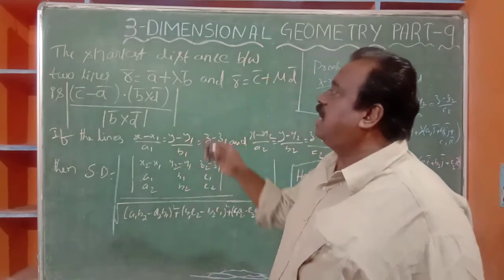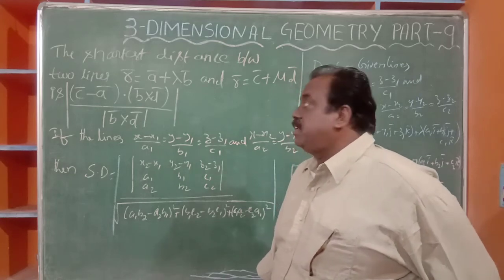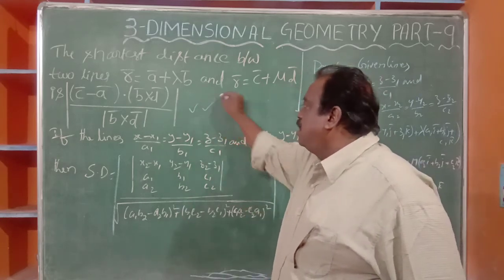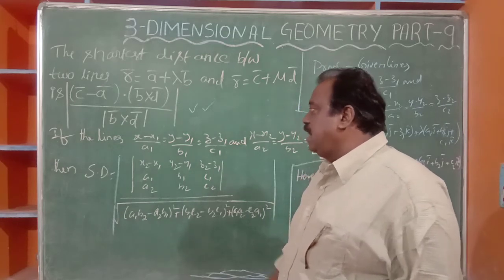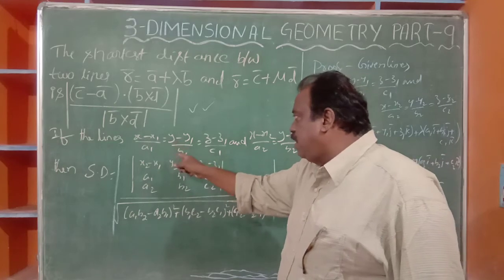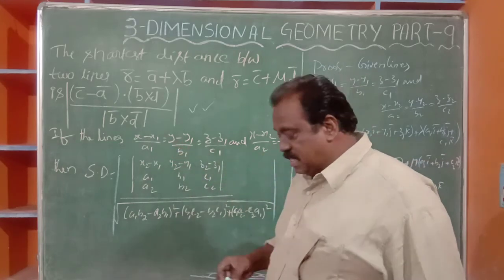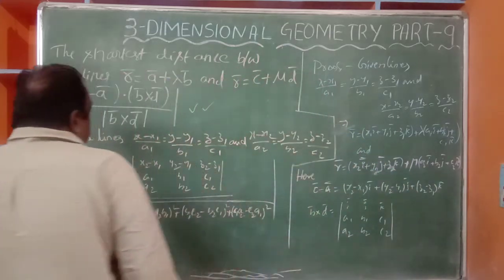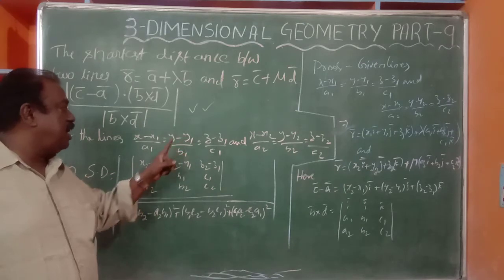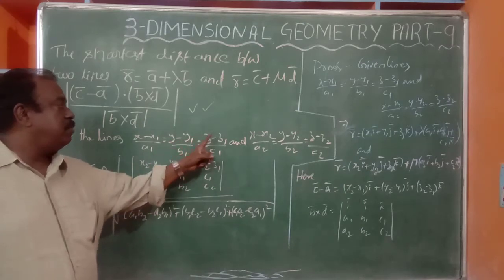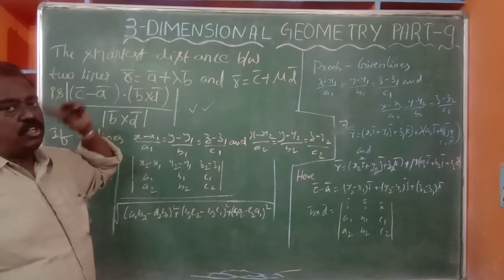When the lines are given in the vector equation, this formula is used. Now, the same concept when the lines are given in Cartesian form. Please observe: (x minus x1) by a1 is equal to (y minus y1) by b1, equal to (z minus z1) by c1. This is the Cartesian form of the first line.